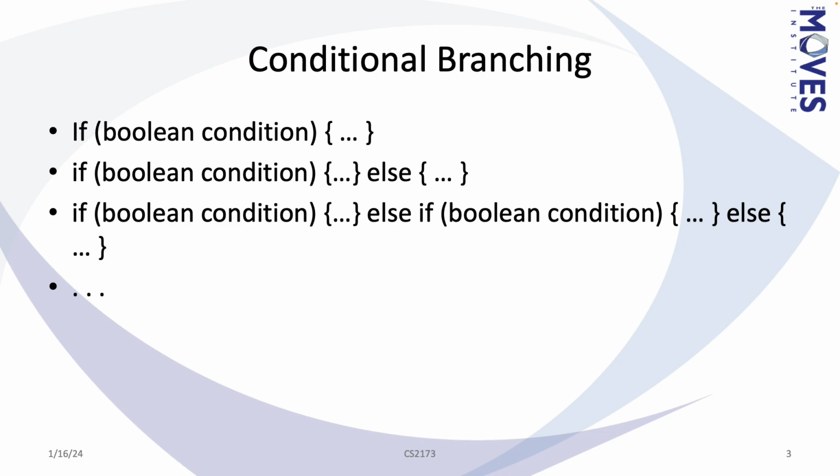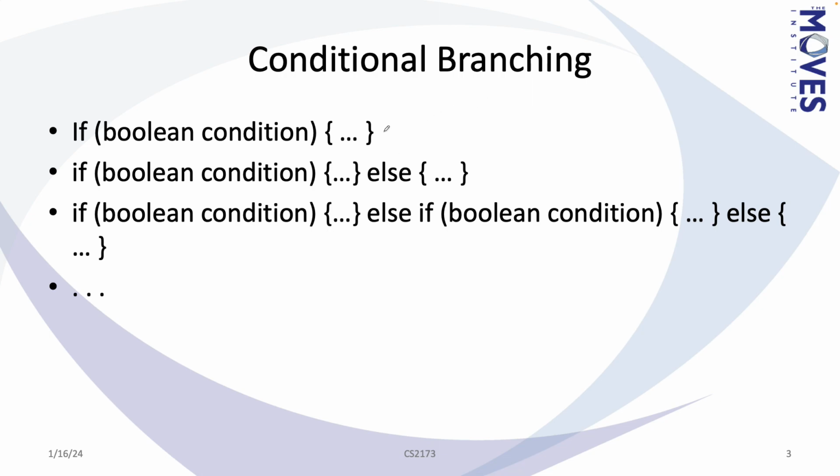Sometimes you want to execute some code only under a certain condition. That's when you'd use the first form. Sometimes you want to do one or another, and that's when you use the second form, if else. So if condition one, then you do one thing, otherwise you do the other. So you're always going to do one or the other.